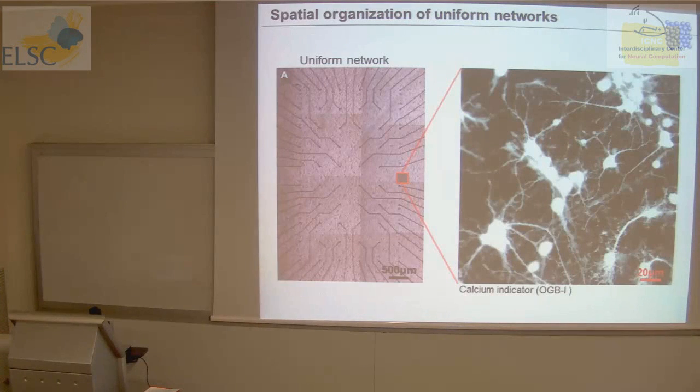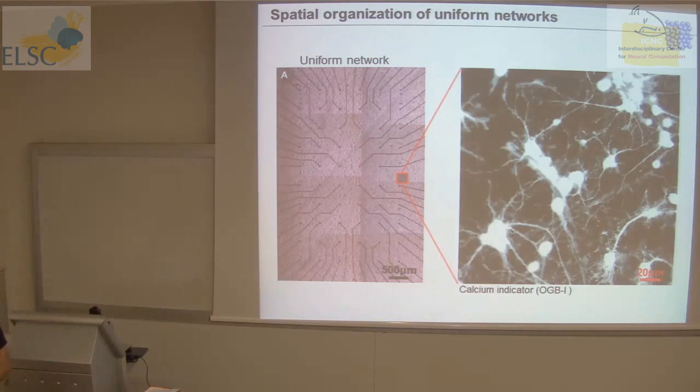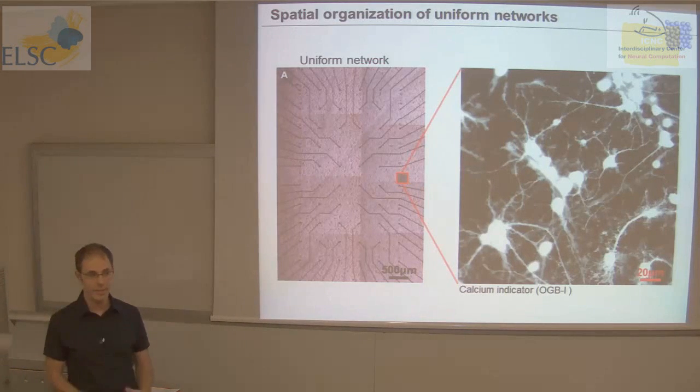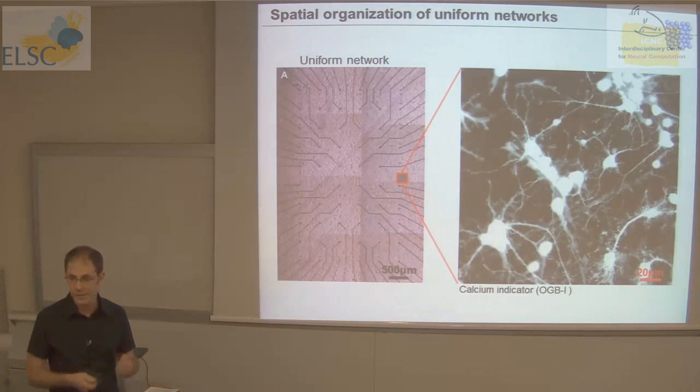Now, those networks in cultures were extensively investigated, but almost all of this work was done in uniform networks. By uniform, I mean networks where the cell bodies are uniformly distributed over the two-dimensional surface, and their extensions, the axons and dendrites, are not restricted in their directionality.